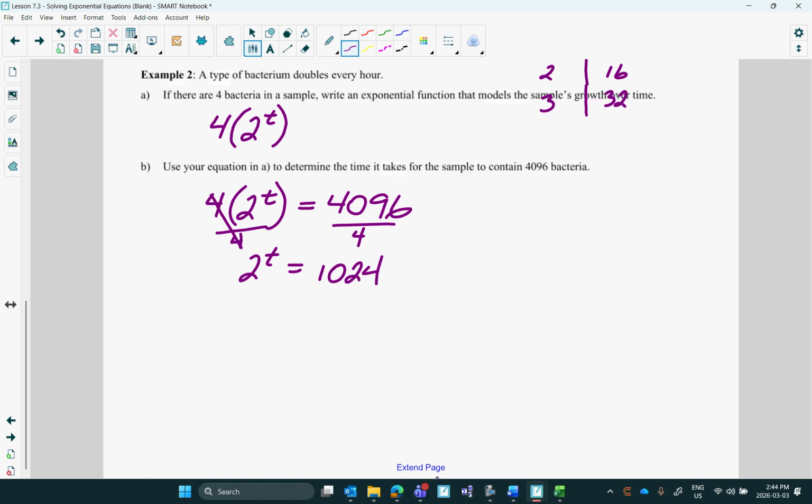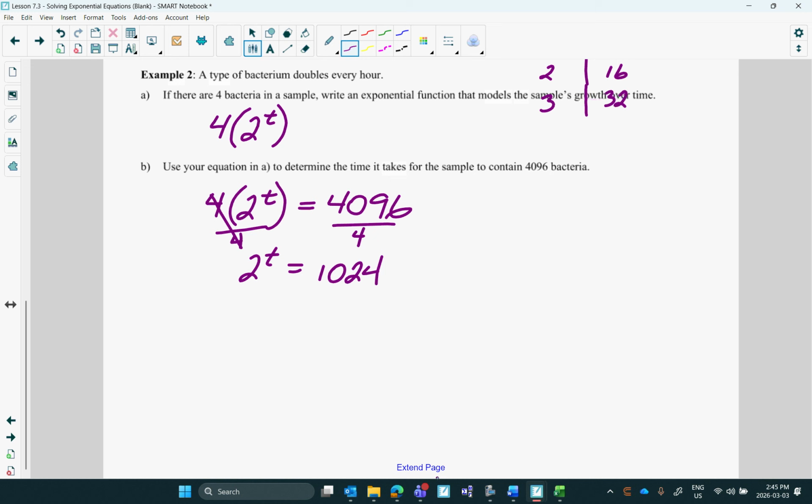So now we got to figure out 2 to the what is 1024. Well, I always like to start with 16. 2 to the what is 16? 4, right? Okay, 32, 5, 64, 128, 256, 512, 1024.